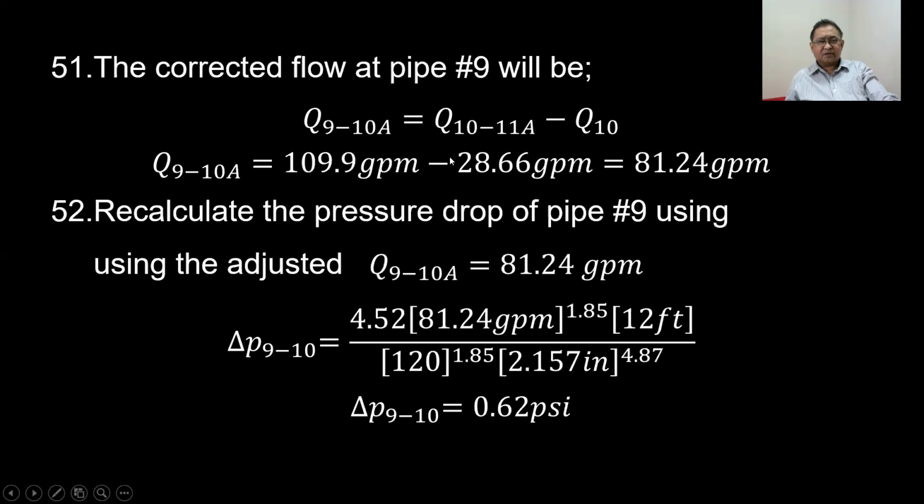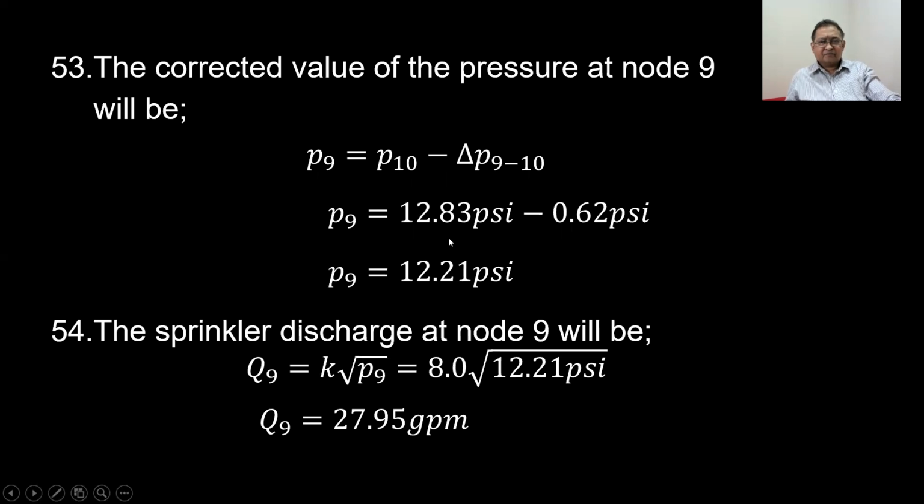And we subtract it from 109.9, and the resulting flow of pipe number 9 will be 81.24. Use this to calculate the pressure drop between node 9 and 10, and the result will be 0.62 psi. And then, since we are again going downstream, we deduct this from the pressure at node 10, which is 12.83.